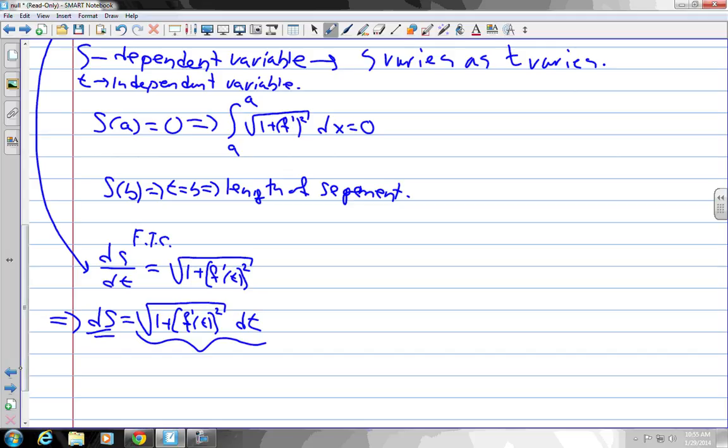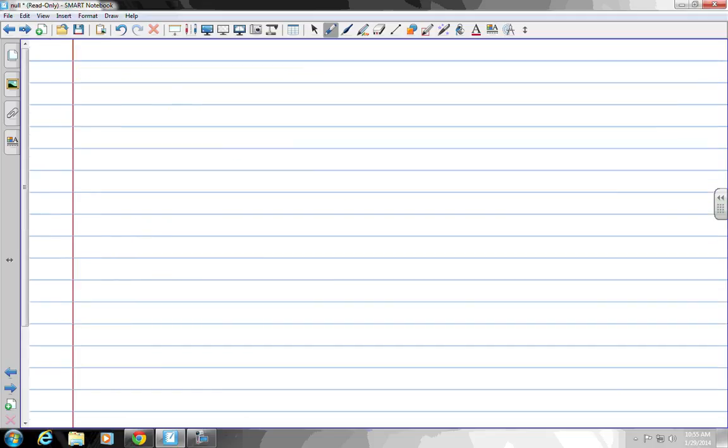Well, let me give you an example. We're just going to take a function, and we'll compute the arc length parameter. And it's going to be a fun little function.